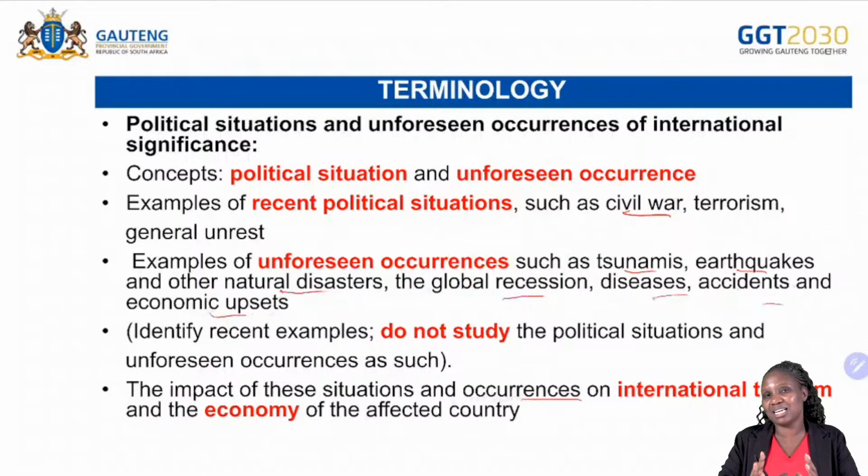There is a great impact on tourism because the tourists are going to be scared away. They are going to cancel the holiday packages. As a result, the tourism industry will suffer because of these situations and occurrences.